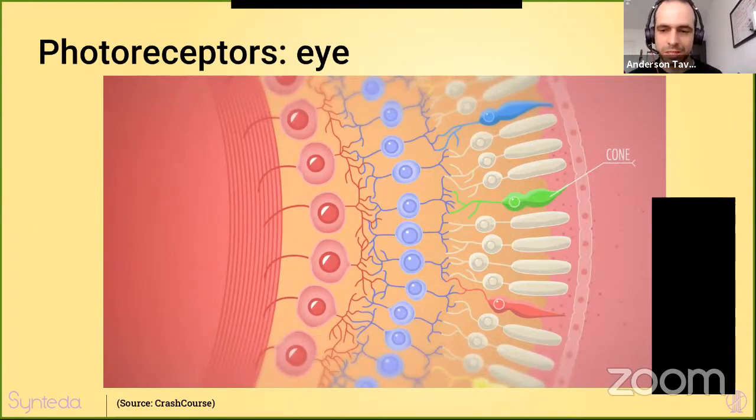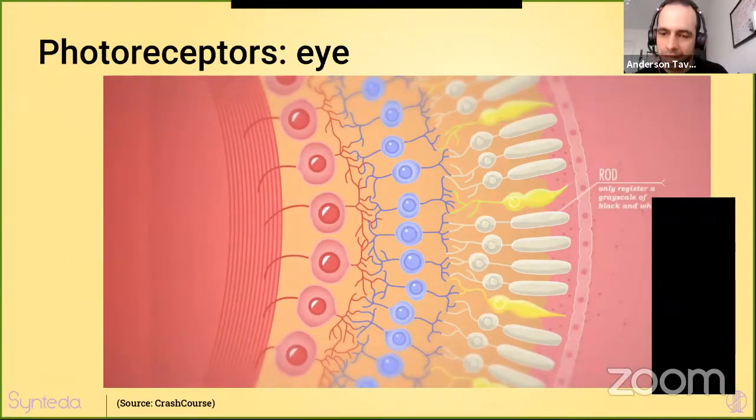It's better to say that the cones detect short, medium, and long wavelengths of light. So they respond differently depending on the wavelength and the amplitude.